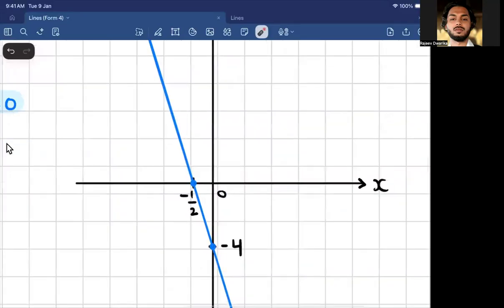If you had to read off this point from the graph, how would you read it off? 0, a half. Nah, when you're reading off points, you read off the x value first and then the y value. So the x value would be how much you moved on the x-axis, and the y value would be how much you moved on the y-axis.